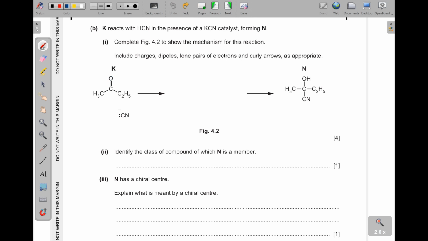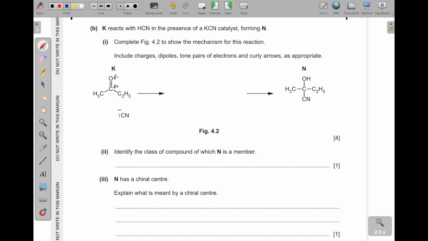And since there is a lone pair here, which is going to be taken up, you have to show the dipoles. The one which is more electronegative takes the electrons and becomes partially negative, and this one which appears to be losing becomes partially positive.